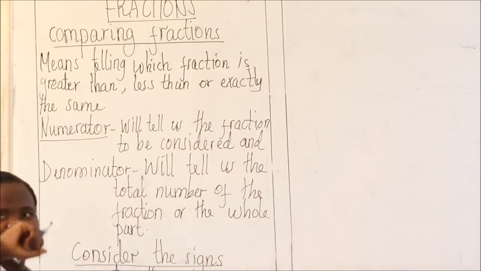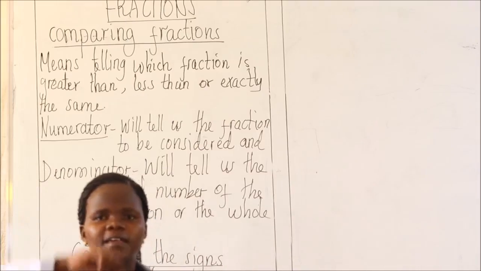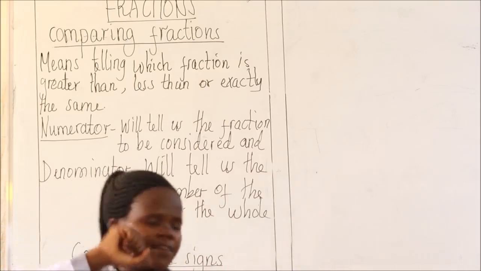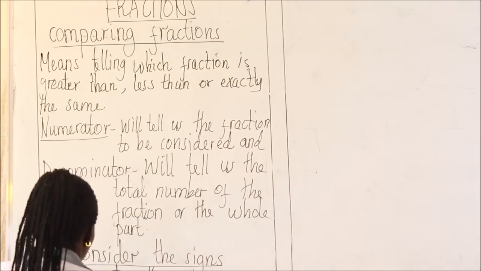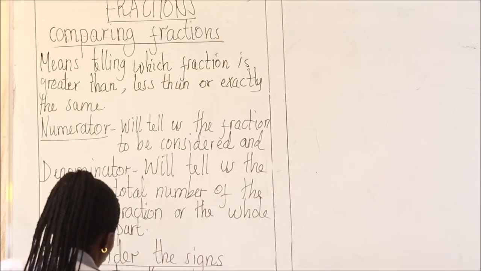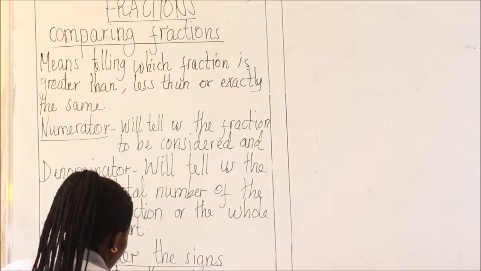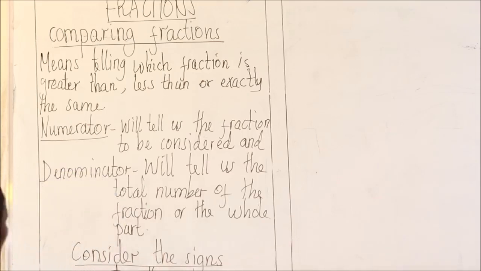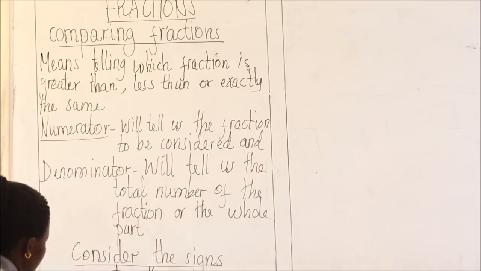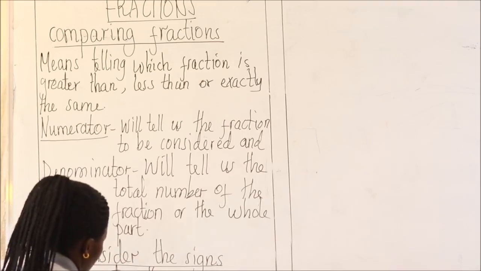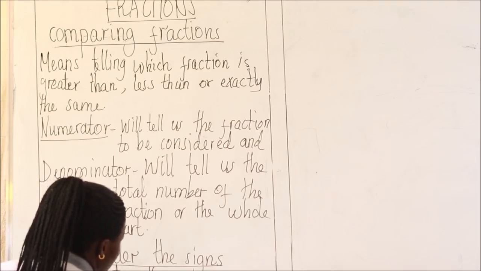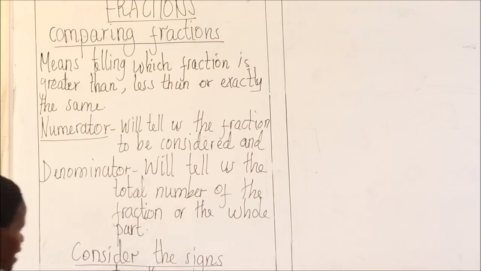That's why I said when we are talking of greater than, it is your right hand side. Then we have this sign here, which stands for less than. And the other one is the equal sign. So we have the greater than sign, less than sign, and equal sign.